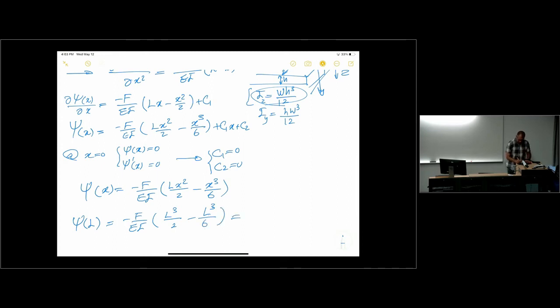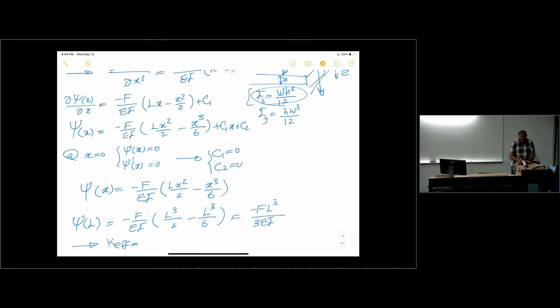Okay, so it's going to be minus F L cubed divided by 3EI. Okay, and if I want, I can specify an effective spring constant.